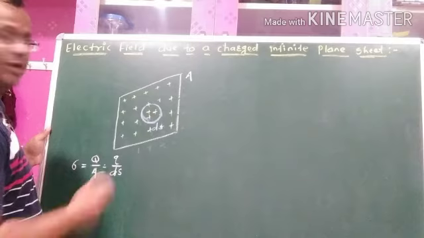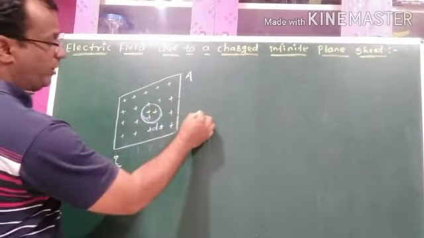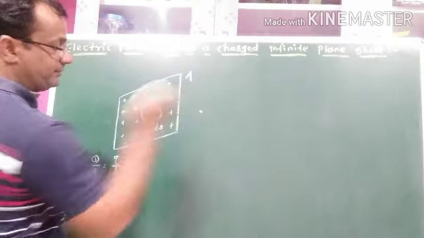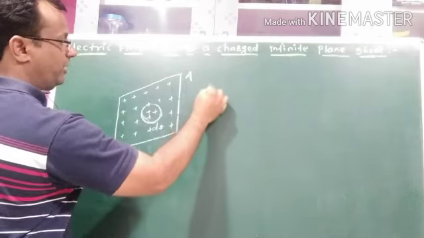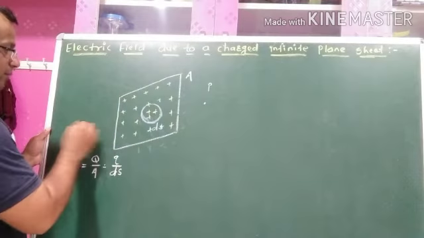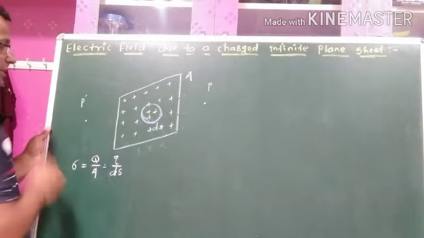Now we want to take two points. Suppose this is the point P, and the second point is on the backside of this plane sheet.